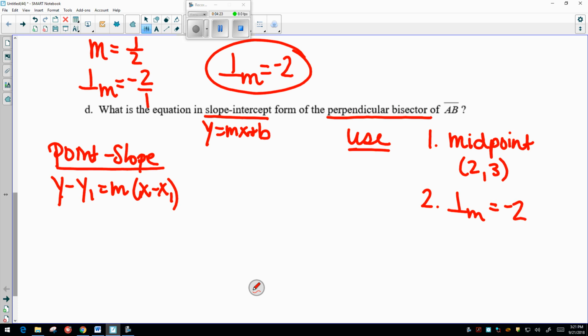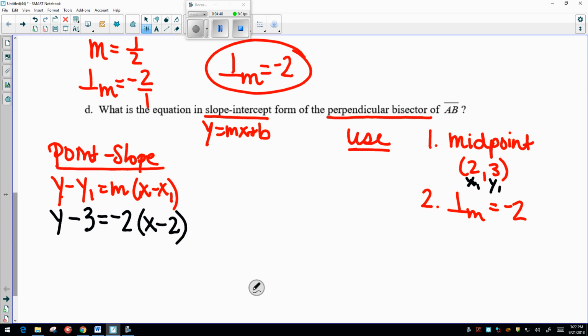In our equation, we use the midpoint as x1 and y1. Plugging this in, I now have y minus y1, which is 3, equals the slope, -2, times (x minus x1, which is 2).